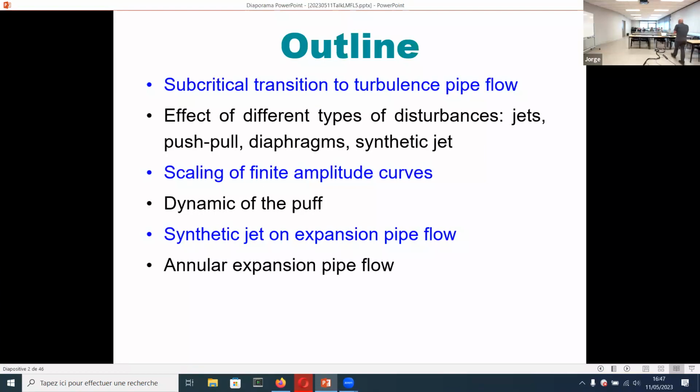Most of the work has been done on jets and push-pull disturbances, and now I'll try to tell you something new about synthetic jets. When you do these experiments with this disturbance, you end up with a finite amplitude stability curve. And I will show you that this finite amplitude stability curve does depend on the type of disturbance that you are using.